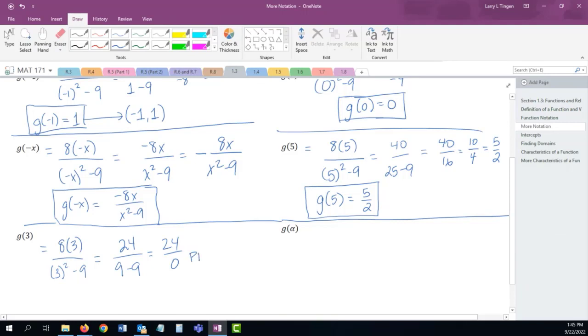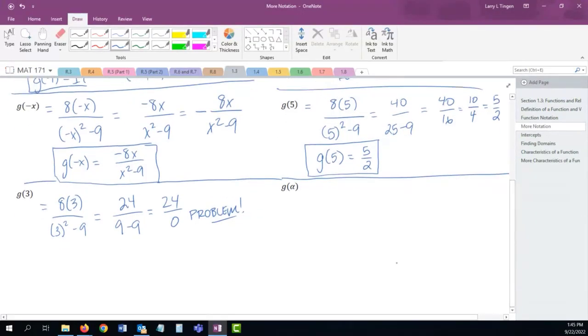And that is a problem. The reason is we actually don't know what dividing by 0 would do. I think dividing by 0 is what causes black holes, okay? Because the question is, how many times does nothing go into 24? It's a nonsensical question. So whenever we encounter this, we say G at 3 is undefined.